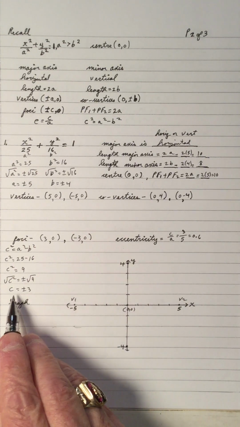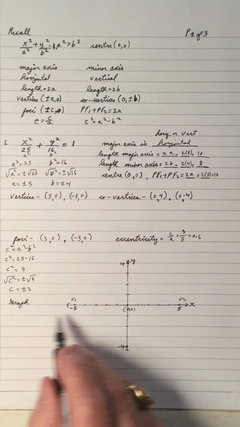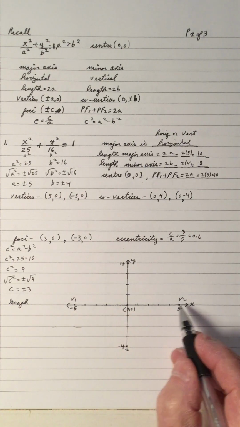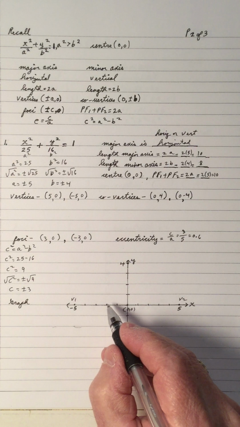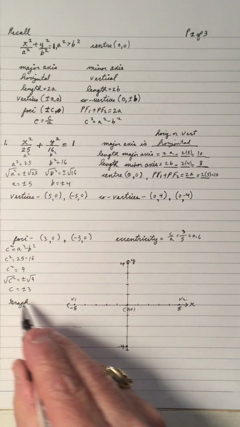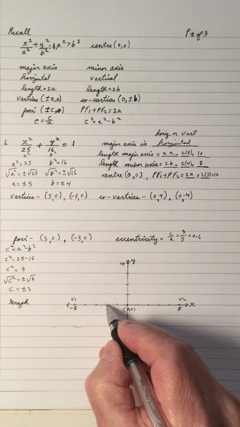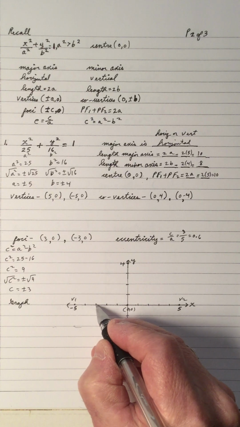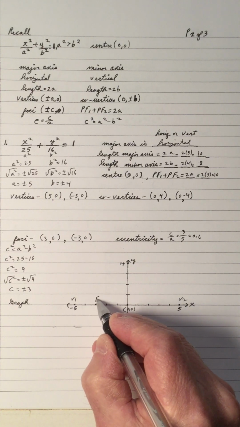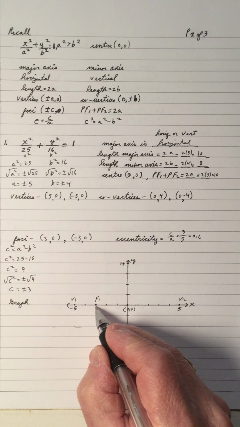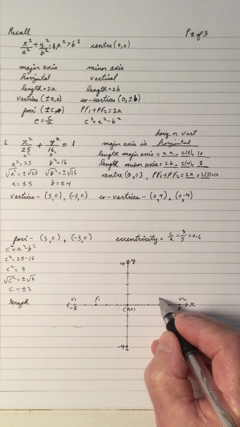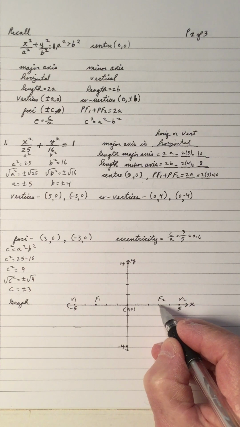And the foci lie on the major axis, so the vertices are on the major, so the foci are on the major. So the foci are at -3, 1, 2, 3. So that's focus 1, that point is (-3, 0). This is focus 2, so this is (3, 0).